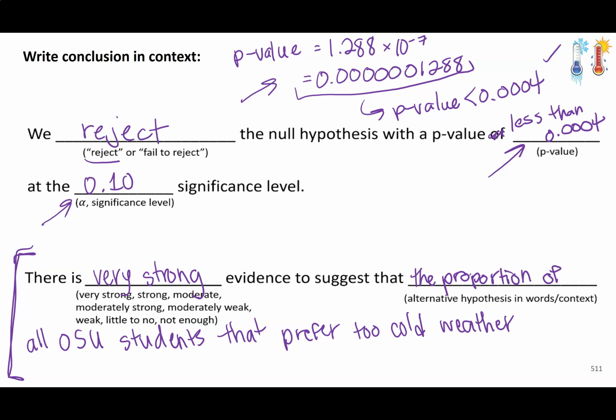is different from, oops, that's a goofy looking R, and then that 0.55. So we have really strong evidence here that the proportion of all OSU students that prefer too cold weather over the too hot is different than 0.55. So it's definitely different than this article claim.